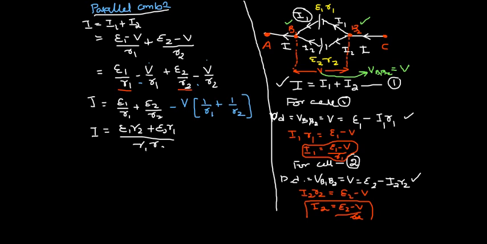I am taking the LCM across this one. Thereafter we are solving now. Now, therefore this will be R2. Now again solve this also: V into, on solving this one, R1 plus R2 whole divided by R1 R2.